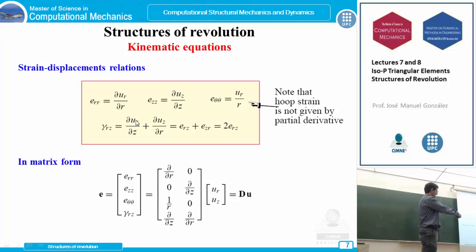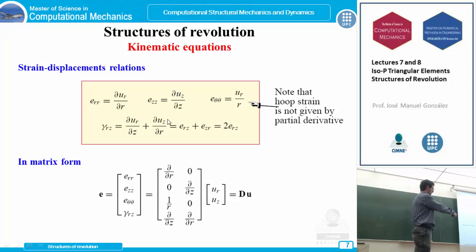So partial derivative of displacement r with respect to z, and same thing with displacement z with respect to r. This is the total distortion. Remember that in the tensor we don't place this value of the distortion, but the value of the distortion divided by 2. So the tensor component ERZ is the distortion divided by 2. This is the one which is in the tensor, but the total distortion is calculated in this way.